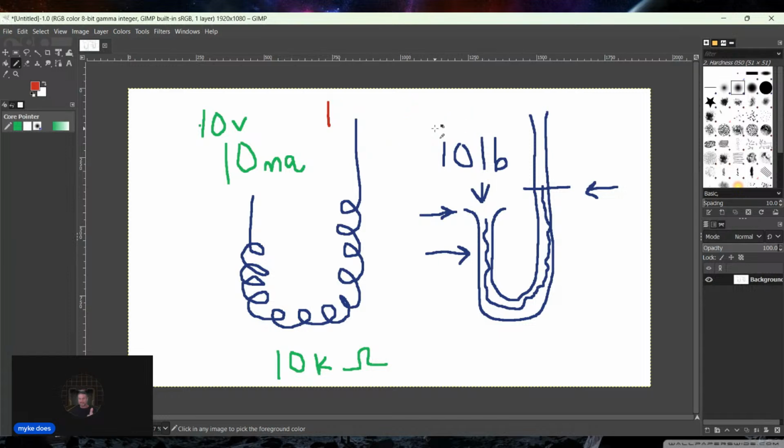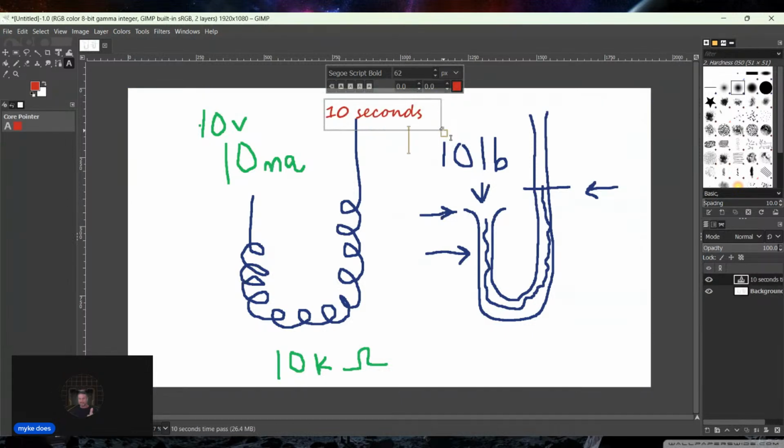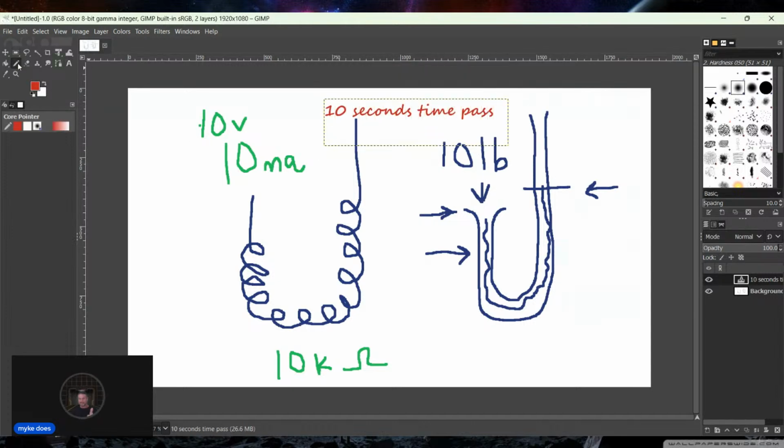Let me just do this, hold on. 10 seconds, time pass. Okay, and there's your, hey, it does it. So this is 10 seconds of time in between the two situations.